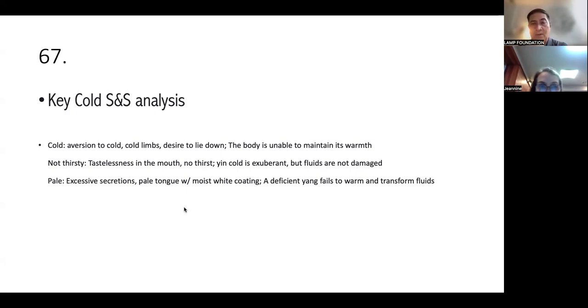Hindi siya thirsty pag cold, because mayroong tastelessness in the mouth. Yin is exuberant, fluids are not damaged. Ang pale naman, they look pale because of excessive secretions. Pale tongue with moist white coating: deficient yang fails to warm and transport fluids. Next.